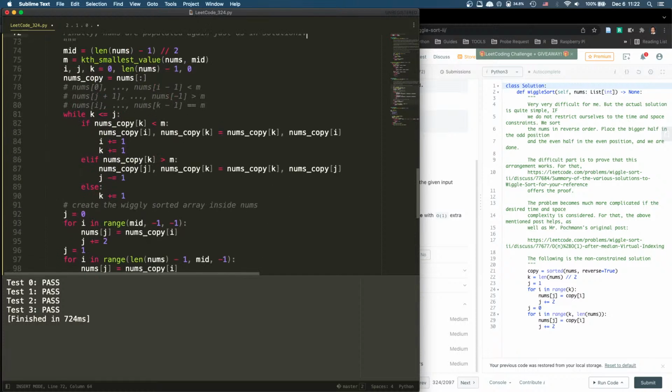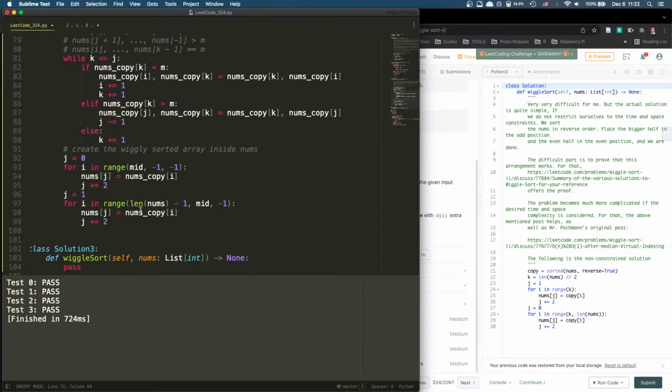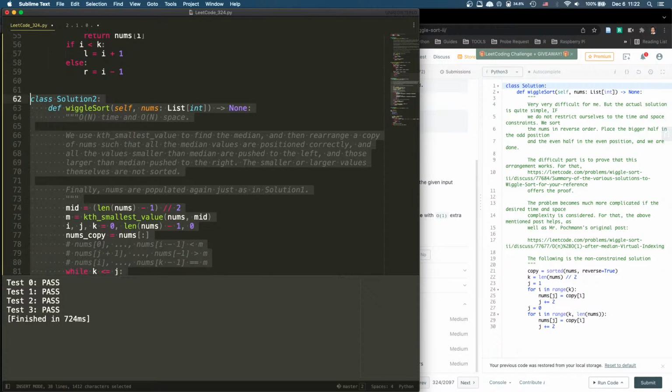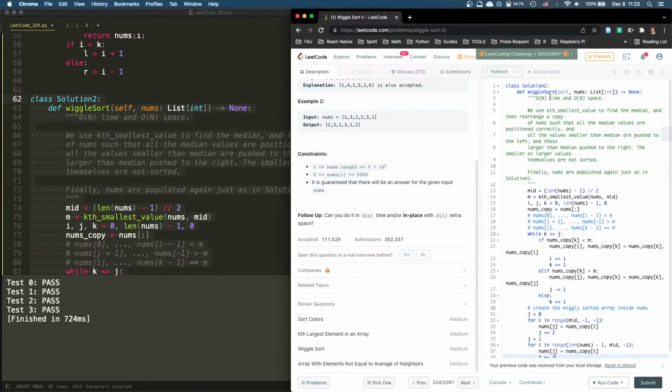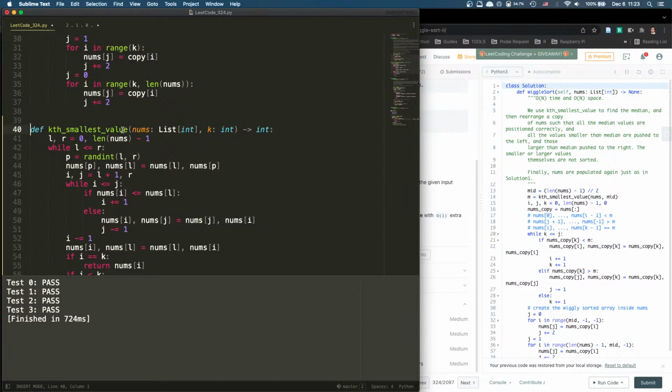And it has to be done in reverse order. Okay, so let's try this and see how this one goes. Oh, we forgot, we also need this kth smallest helper function.